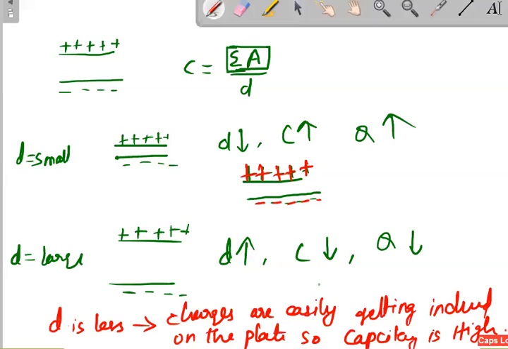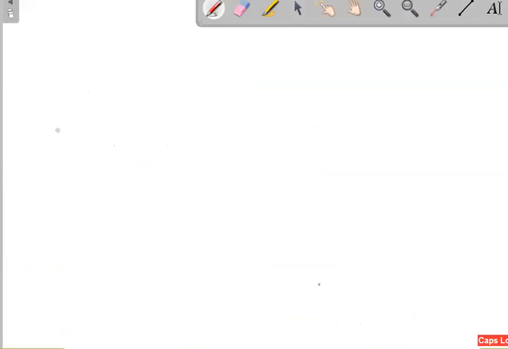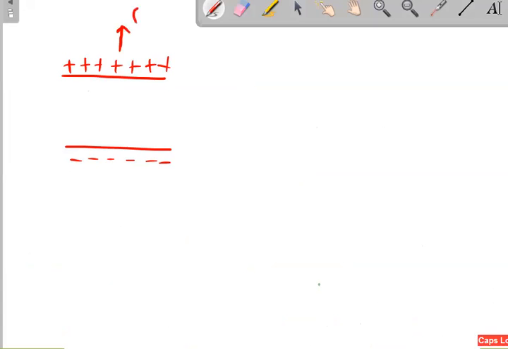With respect to electric field, we will see what is the electric field of the capacitor. You know that the positive plate consists of positive charges and the negative plate consists of negative charges. The field of each is rho s divided by 2 epsilon.